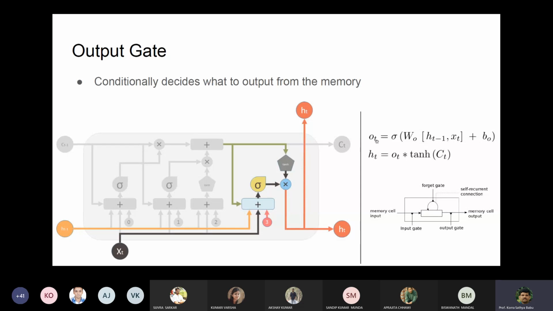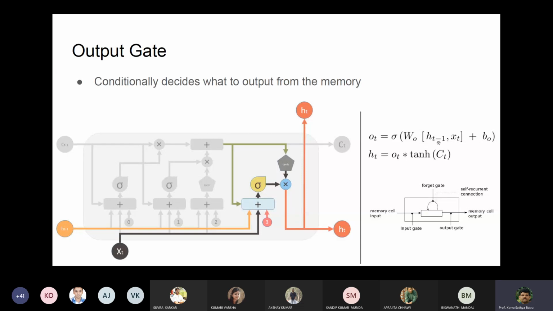You see here O_t, this is the output at time t. It takes h_{t-1}, the earlier value, and x_t, the current input, and adds a bias also.